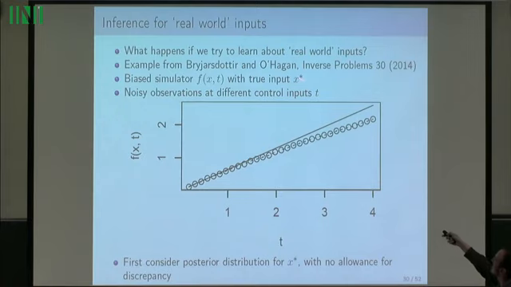We're just going to suppose that this x star, you really care about it, it's got a particular number, and when you plug it into your model, you get some output that looks like this. The simulator doesn't model reality perfectly, so when you do your physical experiment, you get some observations here. So you get this bias in your model.